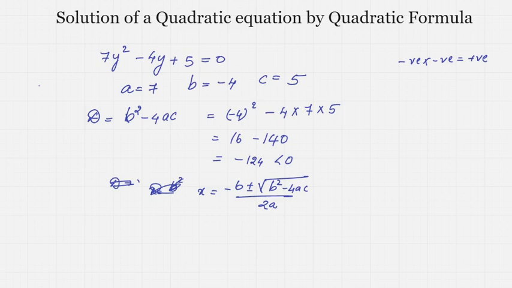This is our formula. So here the square root of b square minus 4ac is negative. We cannot find a real square root of a negative number. So our roots are imaginary here. So roots are imaginary.